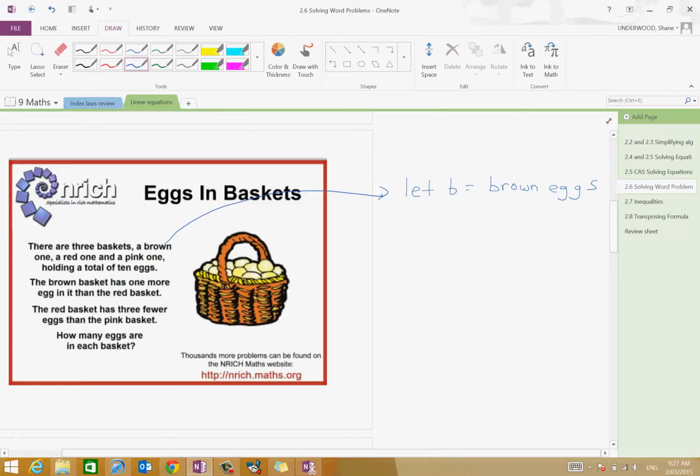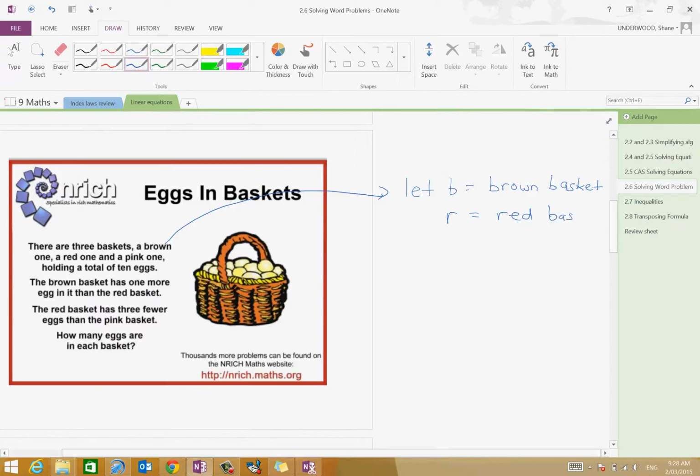And then, there are 3 baskets. A brown one. Okay, well, B is not the brown eggs, is it? It's the brown what? The brown basket. Okay, and it's the number of eggs in the brown basket. We've also got to let R equal the red basket, the number.